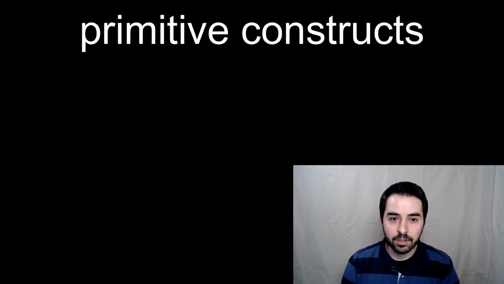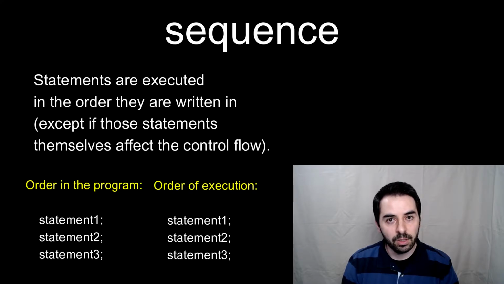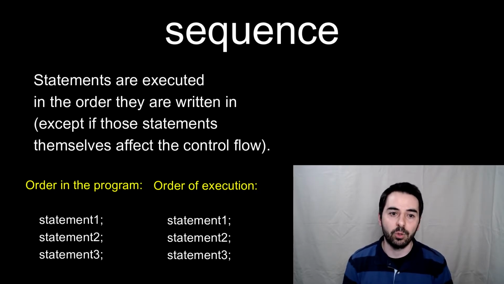There are some very primitive concepts and language constructs that help to define the control flow, and the most primitive one is actually the sequence. It's the basic notion that when you put instructions or statements one after the other, there is some implicit expectation that these instructions will be executed in the same order.